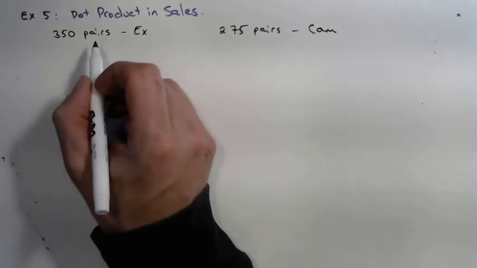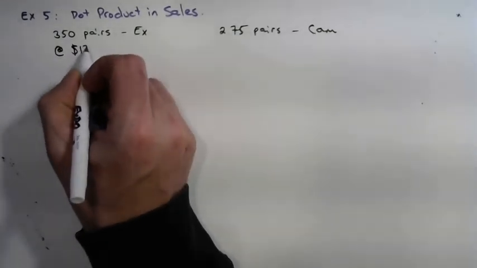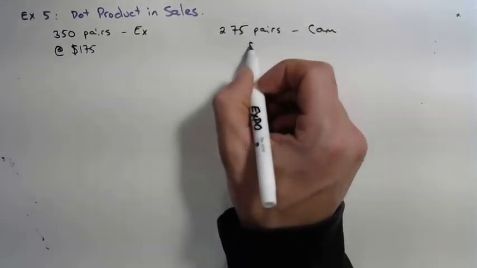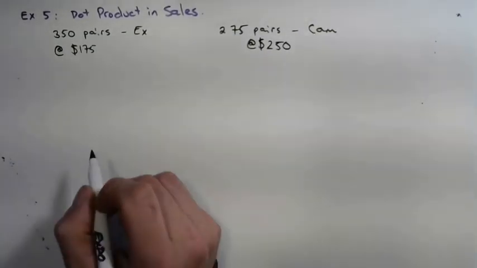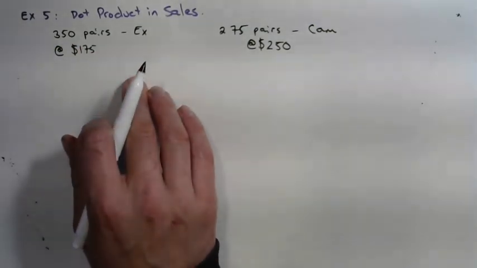The Excaliburs sell for $175 a pair. It's pricey. Not as pricey as the Camelots, $250 a pair. This is what they're selling in a year.